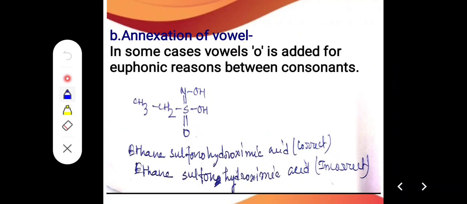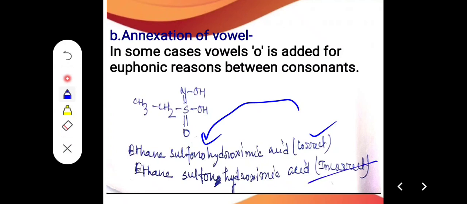Now, annexation of vowel. In some cases, the vowel O is added for euphonic reasons between the consonants. Sometimes O is also added. Suppose ethane sulfonohydroxamic acid. In between sulfone and hydroxamic acid we get a single O, and this O is added, and this is the correct spelling. But if we consider sulfone hydroxamic acid, this is incorrect.